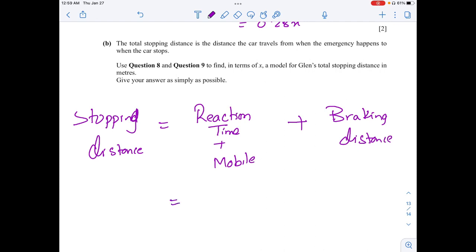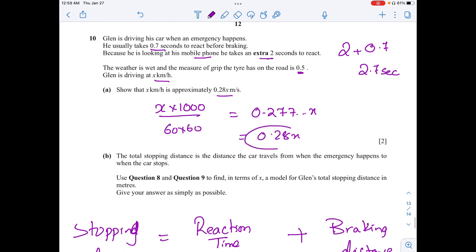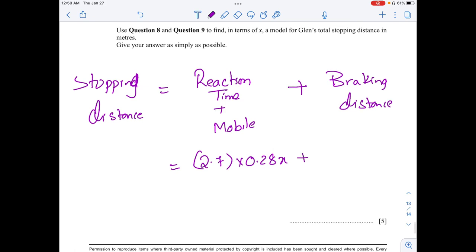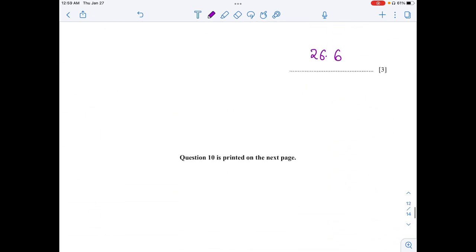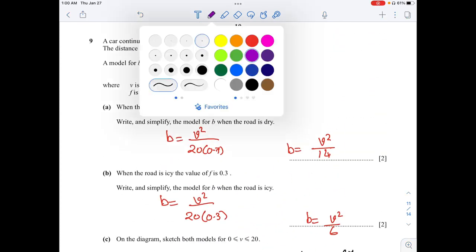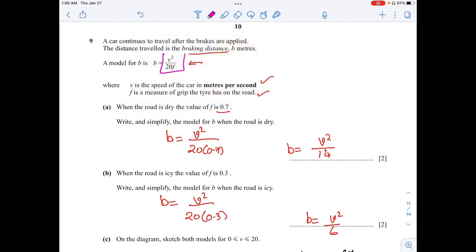So reaction time plus mobile time was 2.7 seconds, and he was traveling with a speed of 0.28x. Now plus the braking distance. The braking distance formula is V squared upon 20F.